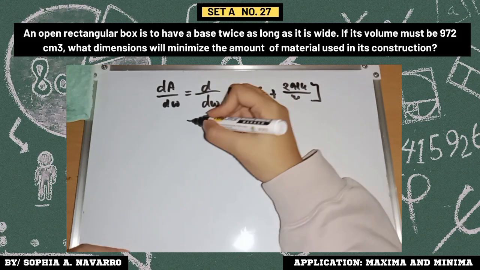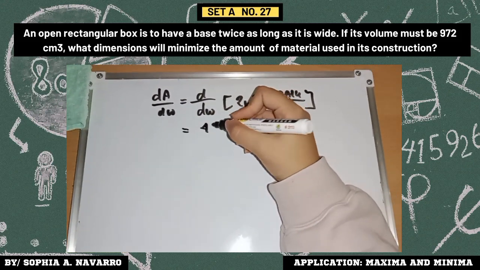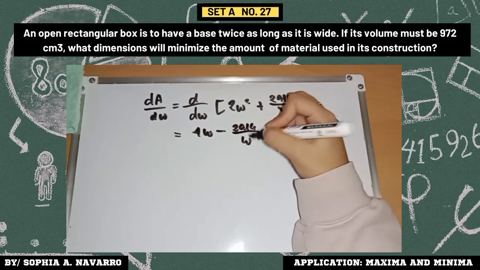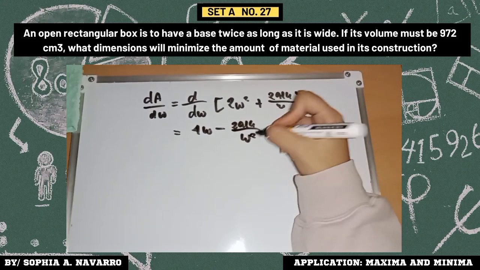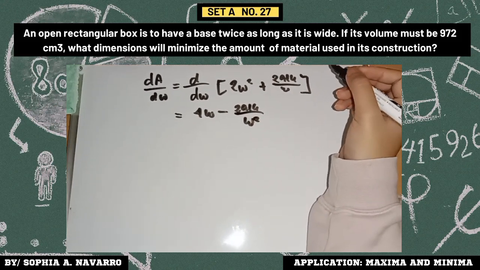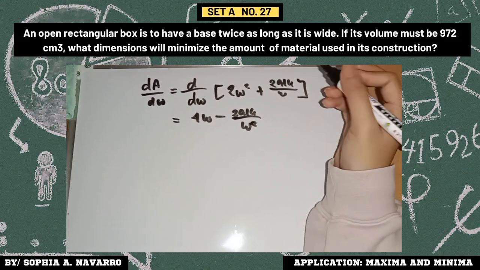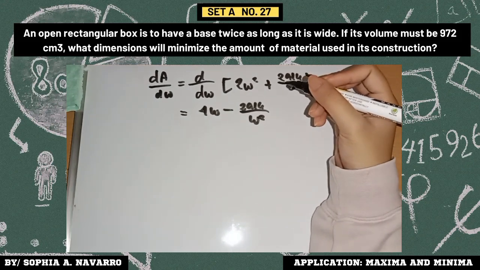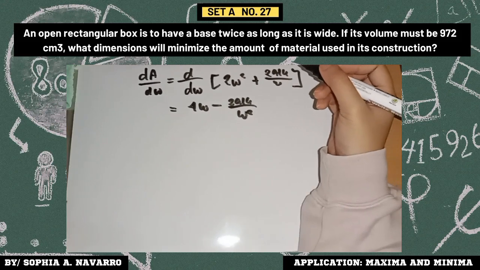And so the answer is 4 width minus 2,916 over width squared. And by setting dA over dW equal to 0, we get the minimum surface area.